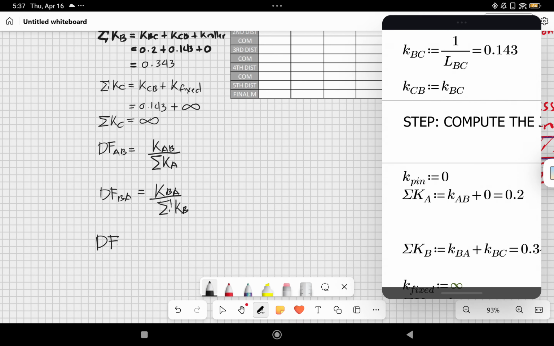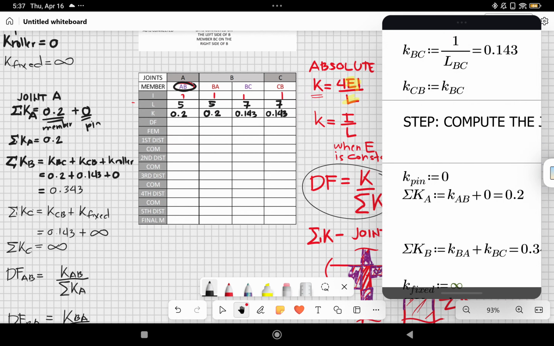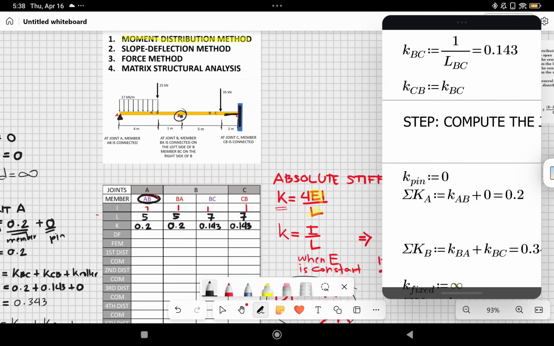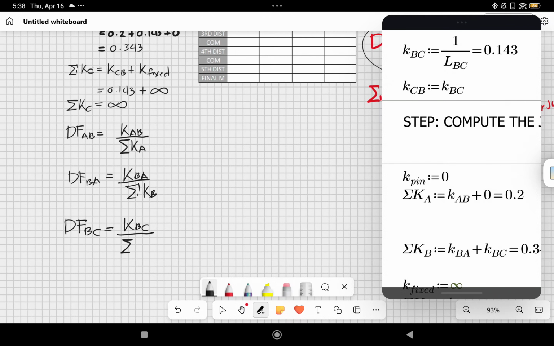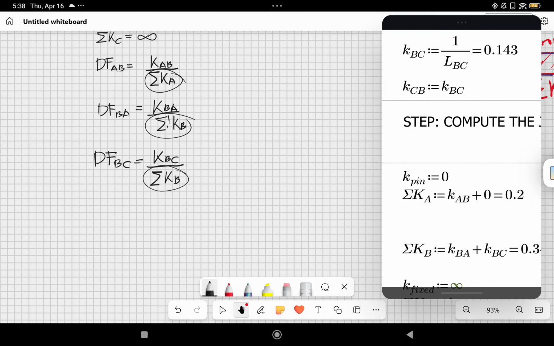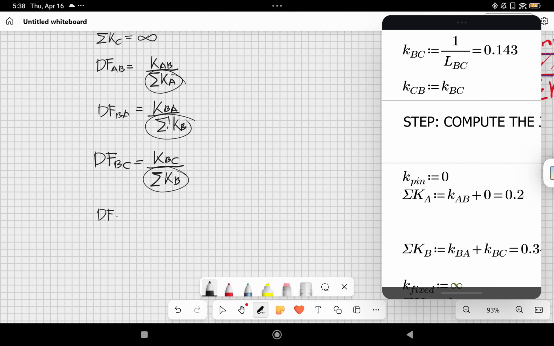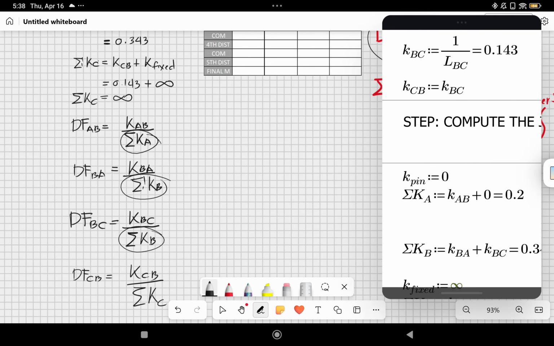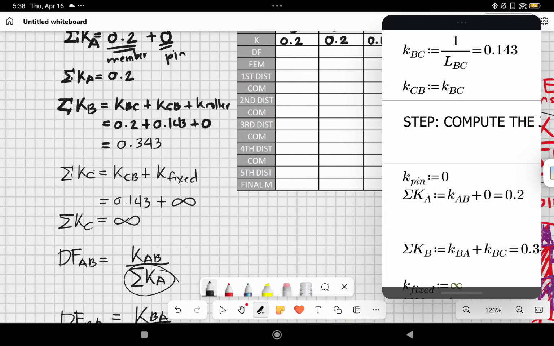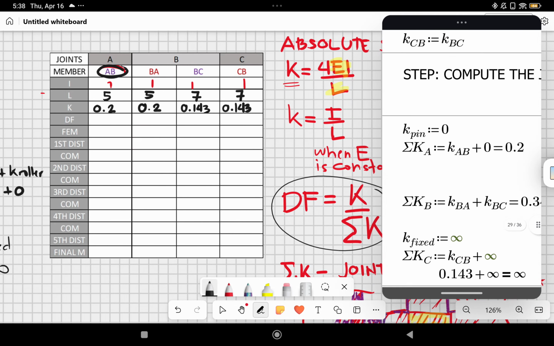And DFBC is KBC over, it is also connected with joint B, so in the denominator is summation KB. Basically, whichever joint it is connected to, that is the denominator. For DFCB, that is KCB over summation KC. So, we just substitute the values here.